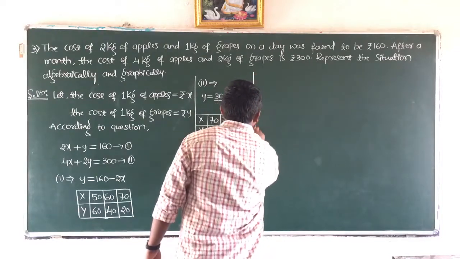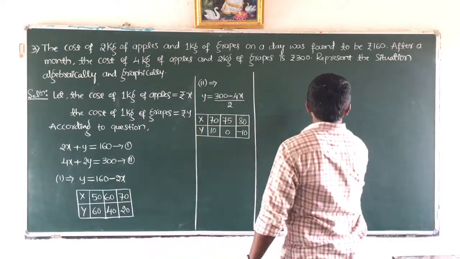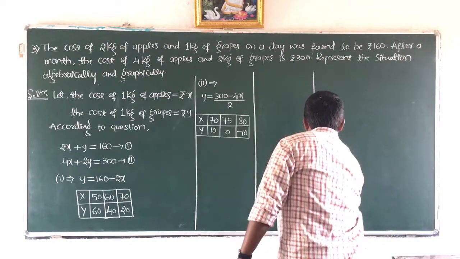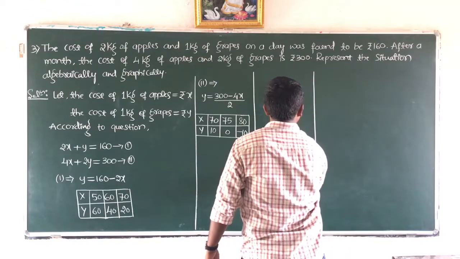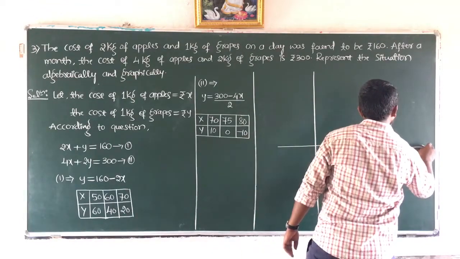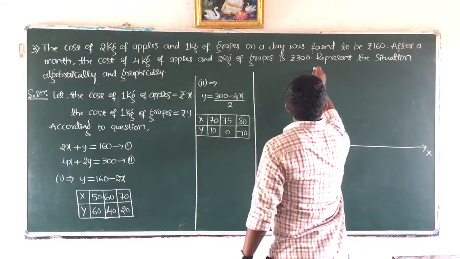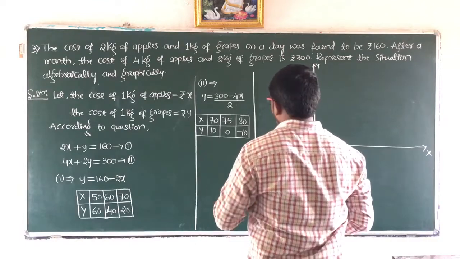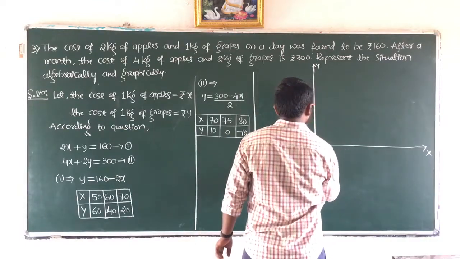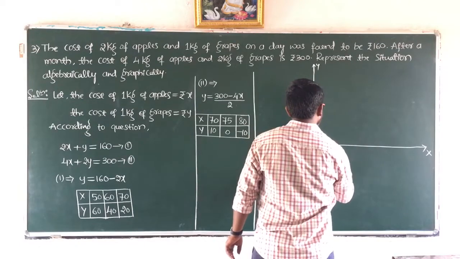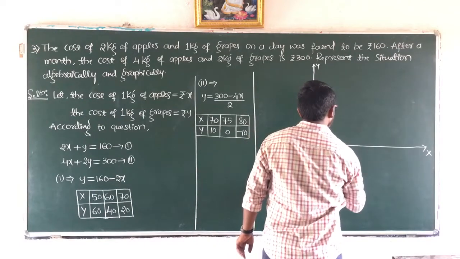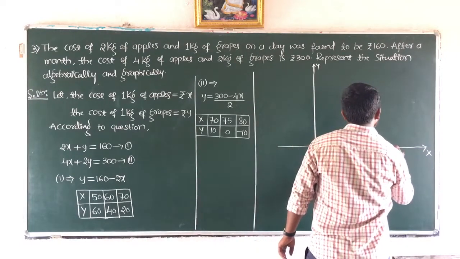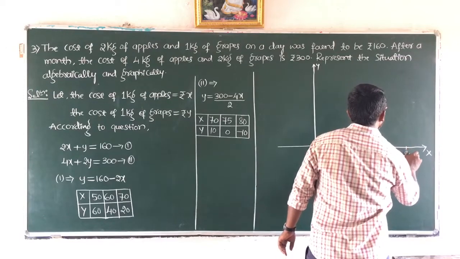Now we will go for the graph. Let's go for the graph here. This is x. This is y. So look at the values of x now. We can take 10, 20, 30, 40, 50, 60, 70 and then 80.